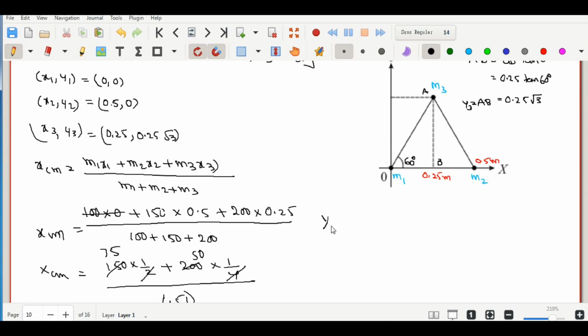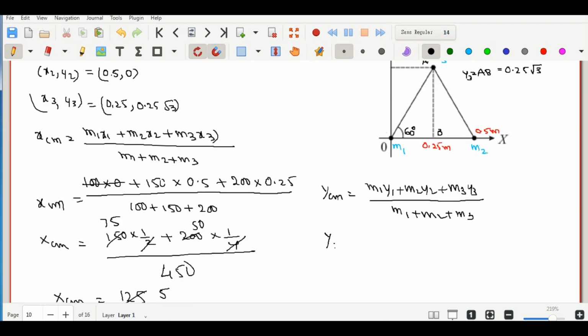The center of mass along y-axis, ycm is equal to m1y1 plus m2y2 plus m3y3 divided by m1 plus m2 plus m3.